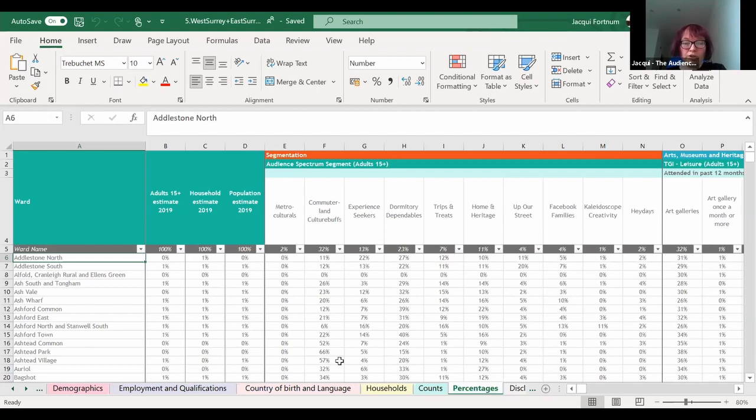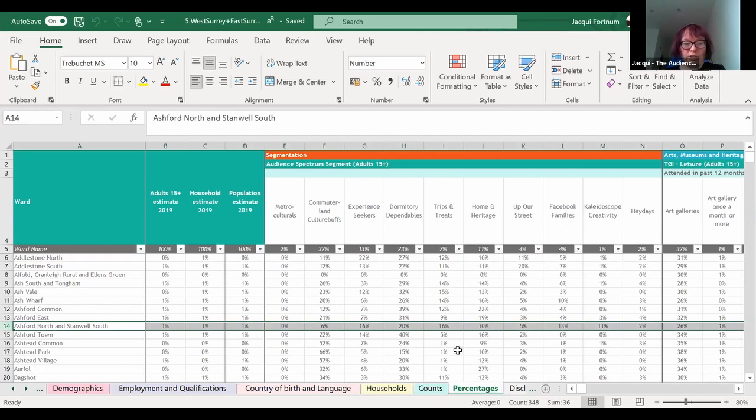So, for example, if we just pick one from here where you can see a significant difference, let's have a look. What's this one showing that we've got on screen? So in this ward, Ashford North and Stanwell South, for example, whereas this particular segment, Trips and Treats, which is a family segment, only appears at 7% in the catchment as a whole, 16% of the households in that ward belong to that group.